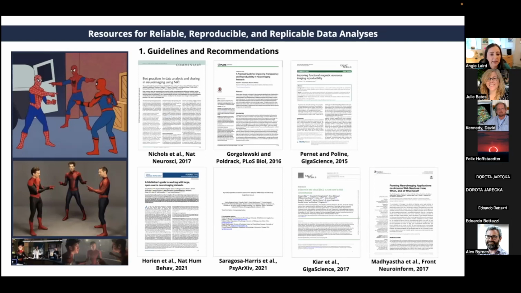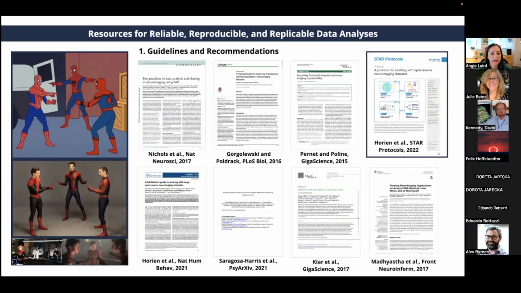And so I'm highlighting here a pair of papers that discusses resources for science in the cloud, which encourages users to use containers, cloud computing, and cloud data services to conduct large-scale data analyses of neuroimaging data. And the second paper here focuses on using Amazon Web Services, or AWS, to run neuroimaging workflows and provides helpful instructions for benchmarking time and estimating costs, which we'll talk a little bit more about in an upcoming slide.